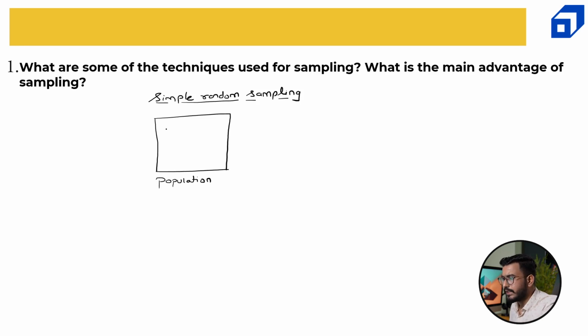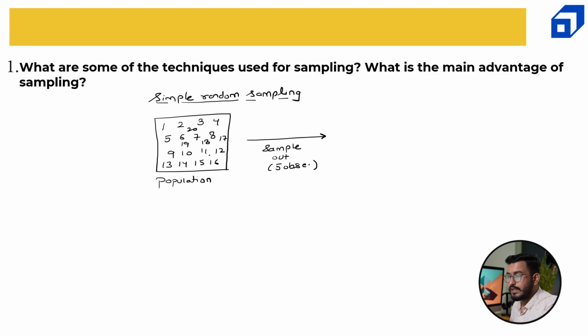I am marking each person with a number: 1, 2, 3, 4, 5, 6, 7, 8, 9, 10, 11, 12, 13, 14, 15, 16, and let's say 17, 18, 19, and 20 over here. Let's say this is my population. Now I want to perform random sampling and I want to sample out, let's say, 5 observations.